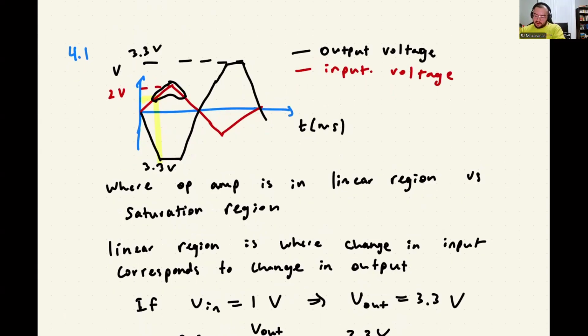Here you can imagine, whenever we have a zero crossing, that's where, because the original equation that we were looking at is, the output is related to the gain times the non-inverting minus the inverting. So at any zero crossing, you can imagine the inverting and the non-inverting are literally equal to each other, right?